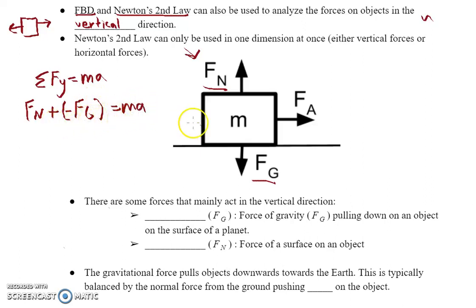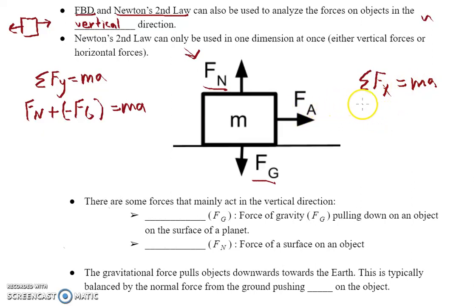So again, if we wanted to analyze the forces in the vertical direction, we could do that, but we just got to be careful that we're only looking at the vertical forces. Or, same idea, we can look at the horizontal forces, all the forces acting in the x direction, but we have to be careful we're only getting the horizontal forces.